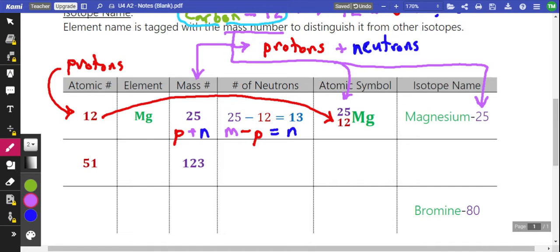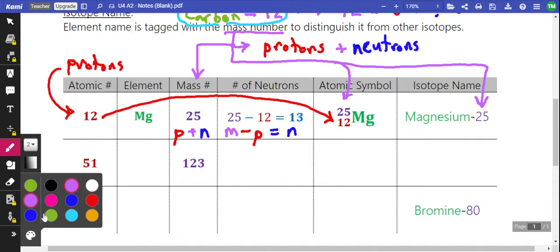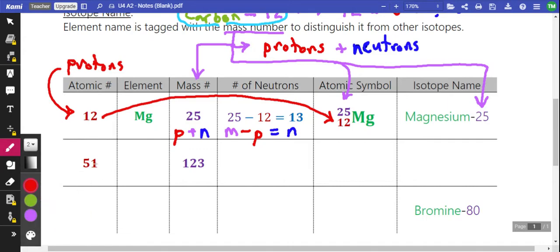Let's look at an example where we're missing some information. All I know about this next one is that I'm dealing with atomic number 51, and that the mass number of this version of whatever this element is, is 123. So I have 123 protons and neutrons together in the nucleus. Well, if we have 51 protons here, I could actually figure out the element just with that, because that's the only thing that determines the element.